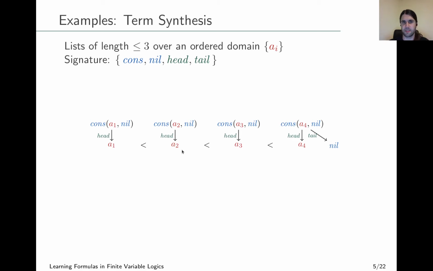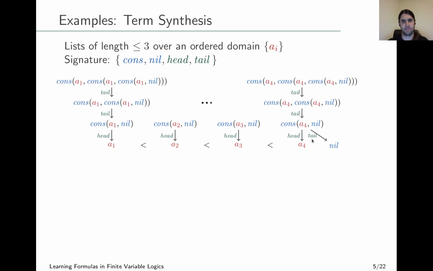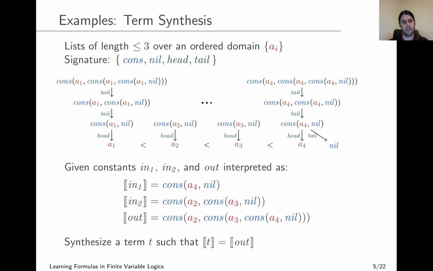So one slice of this structure looks like this. It's got the ordered elements here on the bottom, and then an empty list nil. And you can build lists with cons and break them down with head and tail. Let's take all the lists up to length 3, say. So here's a structure. Let's also suppose that it interprets some input constants and an output constant.